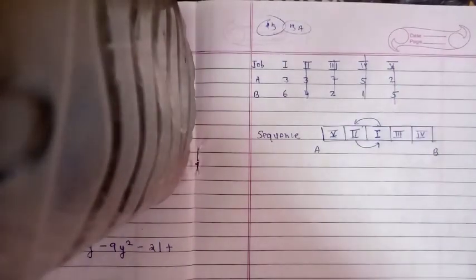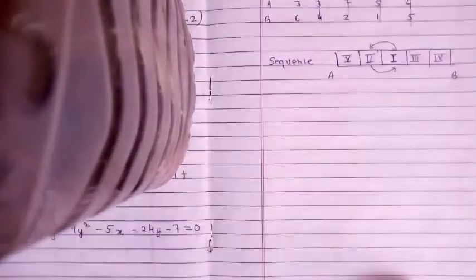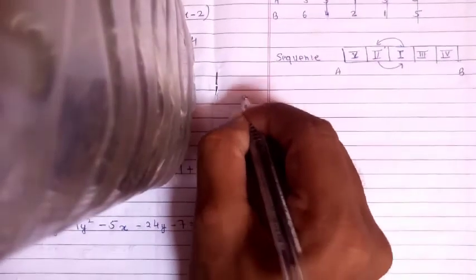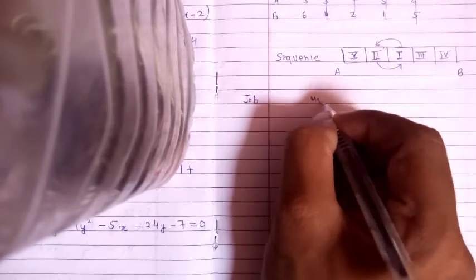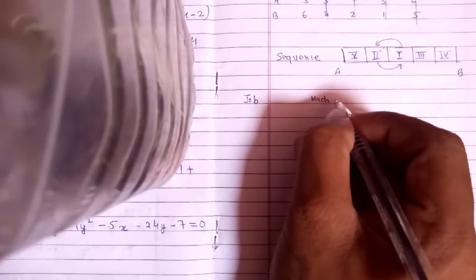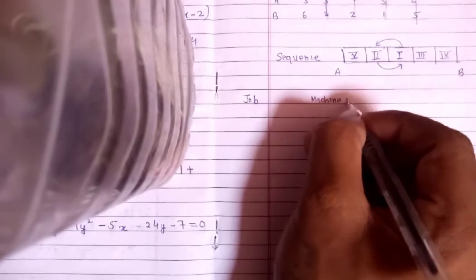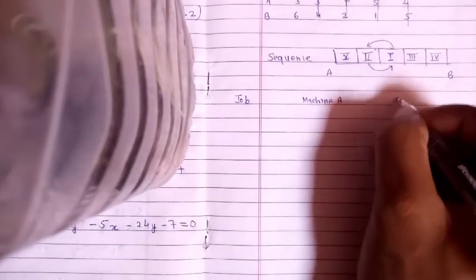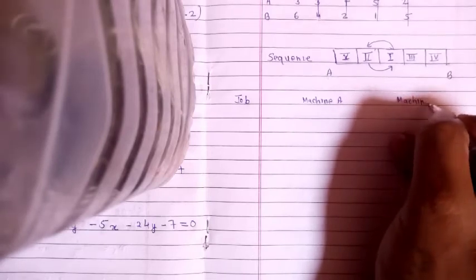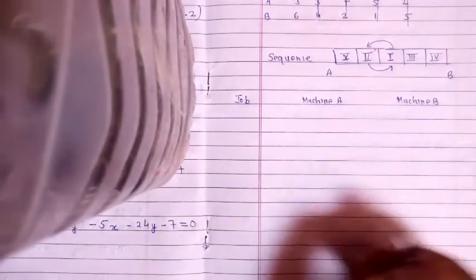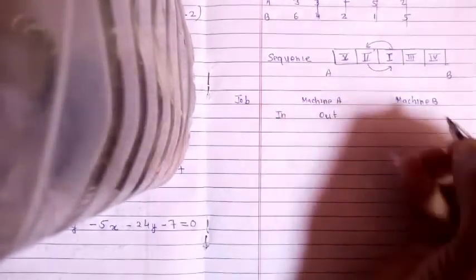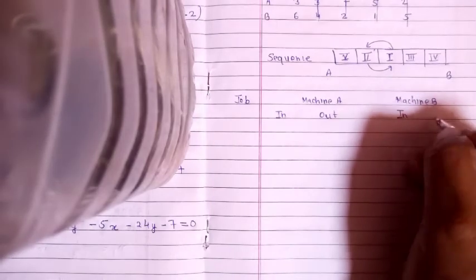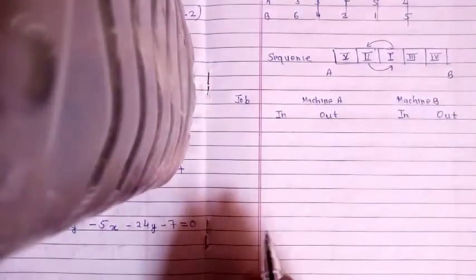After this we have to make a table of in and out of the project. So we will make columns. This is job, machine A, machine B. Here you will write in, out, and this is also in, out.